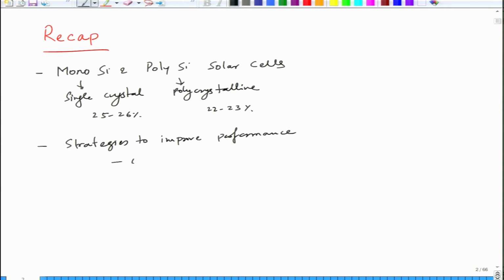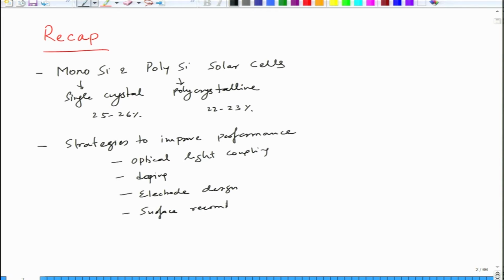First was to improve the optical light coupling, then we need to control the doping, electrode design, surface recombination reduction, use of anti-reflection coatings, and so on, and you can say here buried contacts.